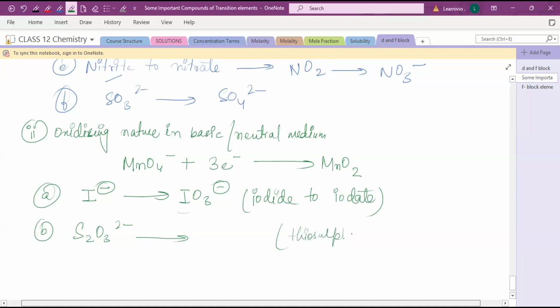In basic medium, potassium permanganate will oxidize the thiosulfate ion to sulfate ion, SO4 2 minus. Next example, it will convert Mn2 plus, manganese 2 plus, to MnO2 in the basic medium. Is it clear?